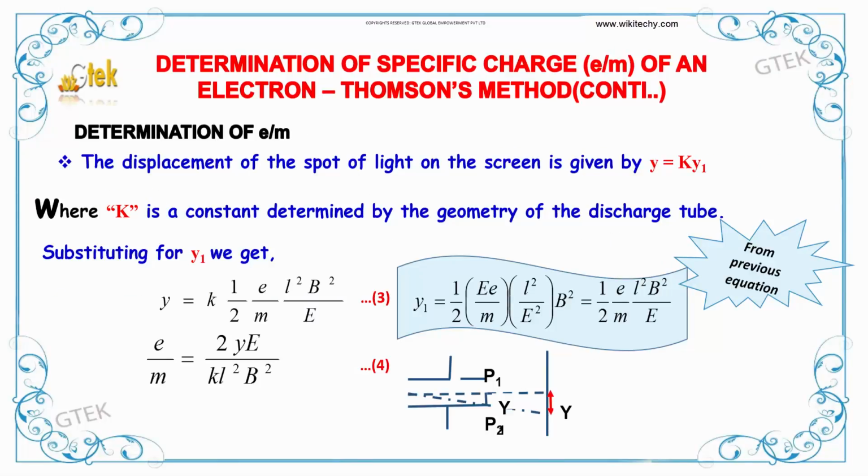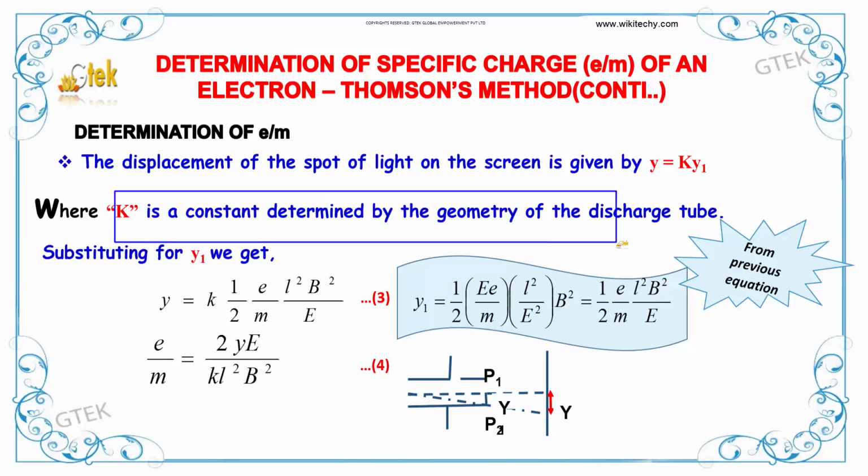Now we'll talk further about the determination of charge. The displacement of the spot of light on the screen is given by y is equal to K into y1, where y1 is here and your y is here. Here the value K is a constant and is determined by the geometry of the discharge tube.